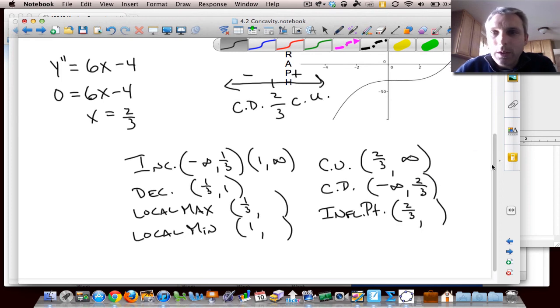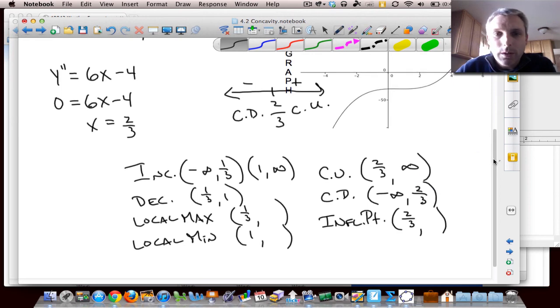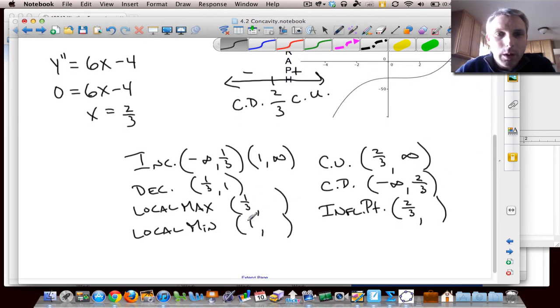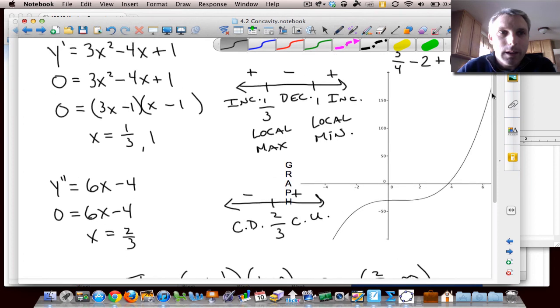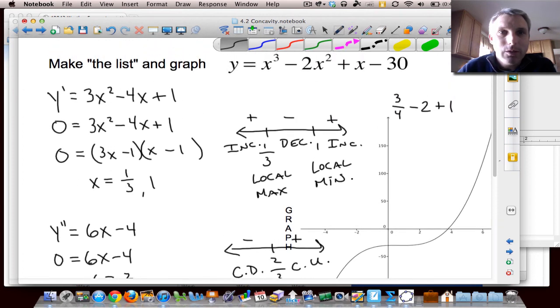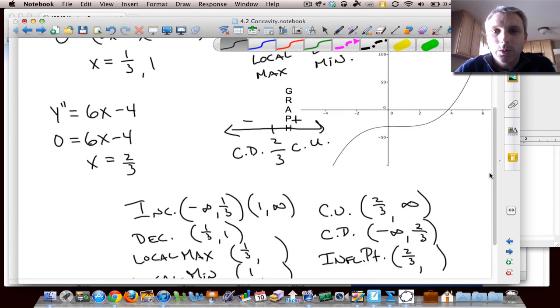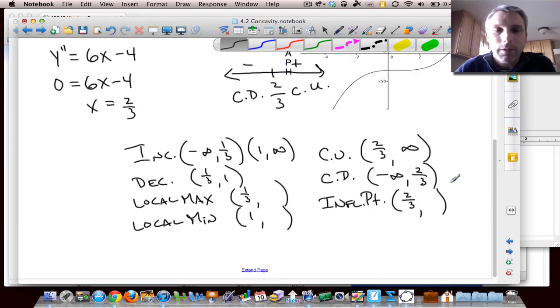So the only thing I'm left to do here is to go back, plug in 1/3, plug in 1, plug in 2/3, plug those back into, not the second, not the first, the original. When you plug those into the original, they will kick out a y value, and that is an actual point on the graph. So I'm going to go and plug those in, and I'll hang out one sec.